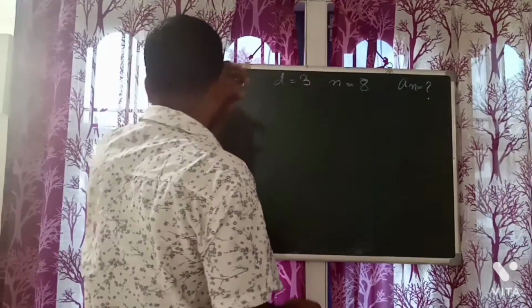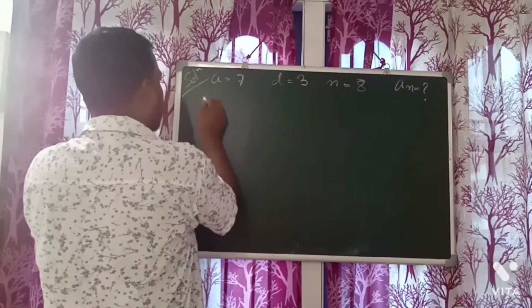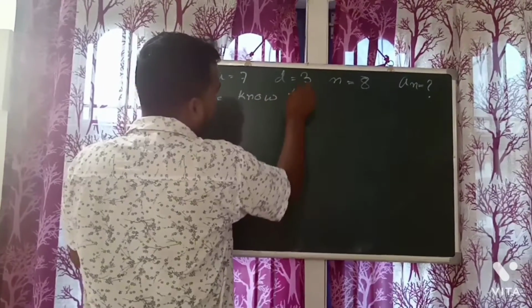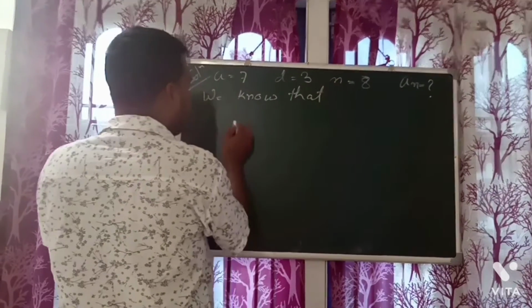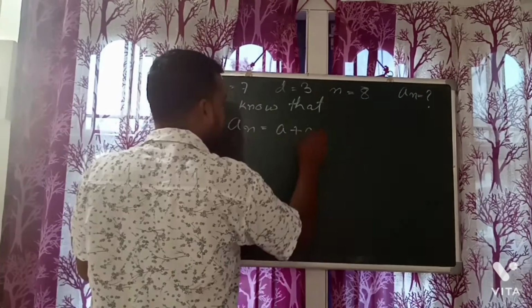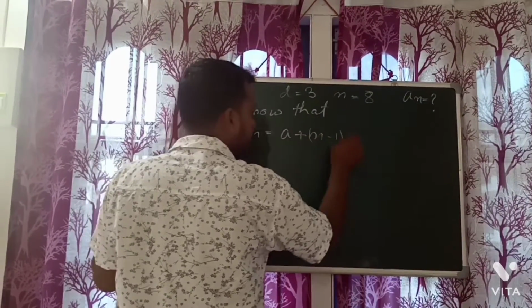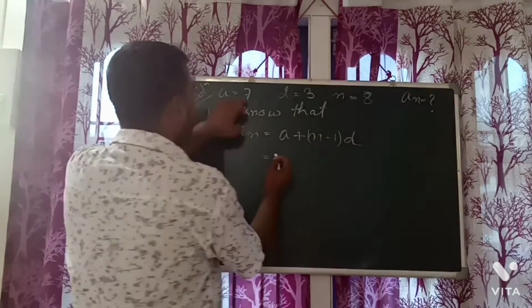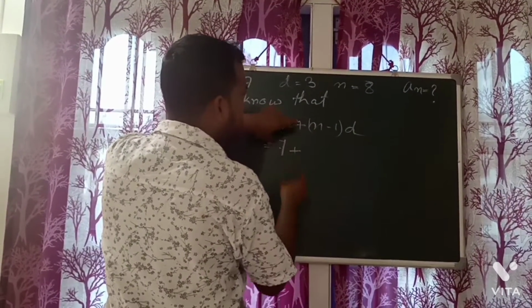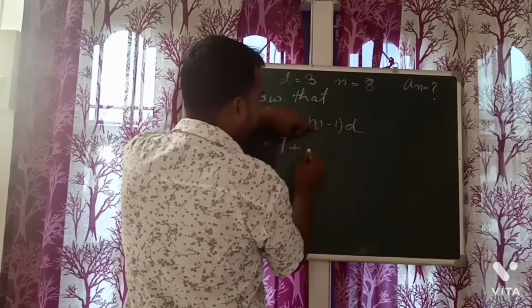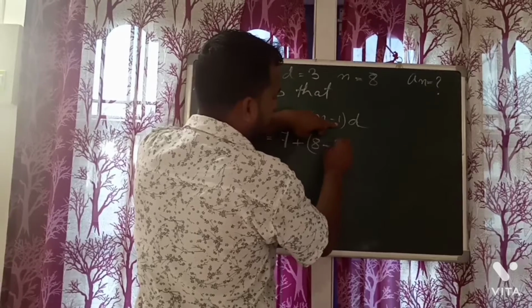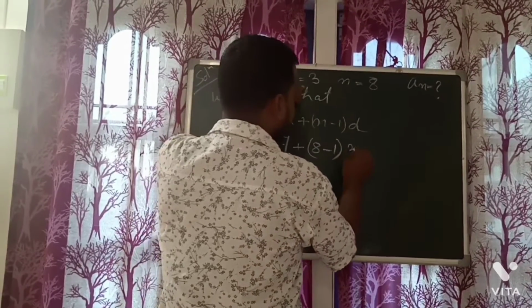A is equal to this much, then we know that An is equal to A plus n minus 1 into D. In place of A there is 7, put 7, then plus sign, in place of n there is 8, put 8 minus 1, in place of D there is 3.